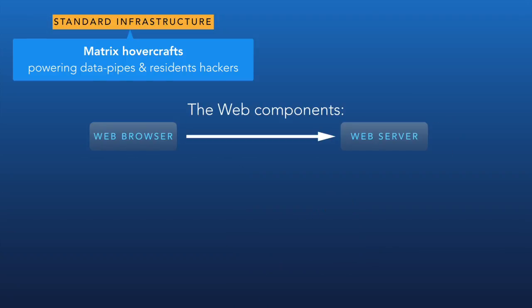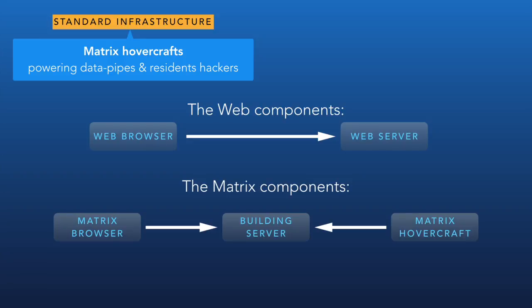So if the web has a web browser and a web server, the matrix has a matrix browser, a building server, and the matrix hovercraft, which also pulls data from web servers.